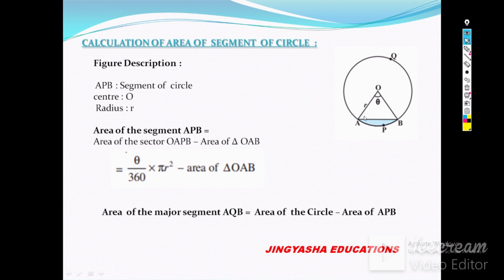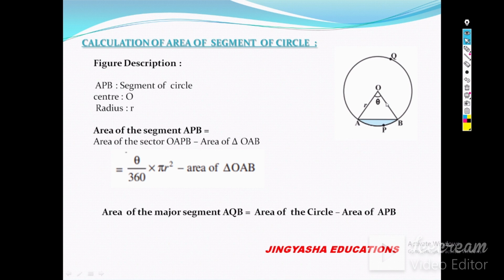Now you can see OAPB is a sector, and we know the formula for the sector. So you can find the area of the OAPB sector. Now OAB is a triangle. Now you have to apply your mind and find out the area of this triangle, because the triangle can be different ones, right?